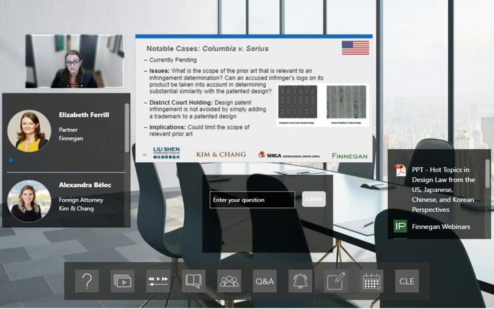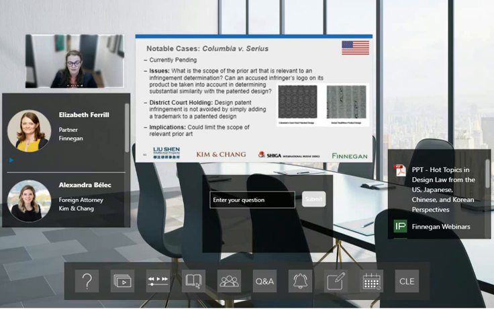And the question is whether that logo can be taken into account when engaging in this question about whether or not the claim design and the accused product are substantially similar. One argument that the patent owner has made is, well, if you're allowed to just put your logo on an otherwise infringing design, then isn't that some sort of get out of jail free card for accused infringers?